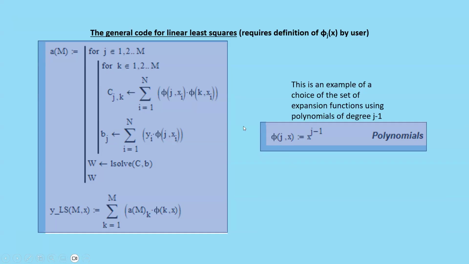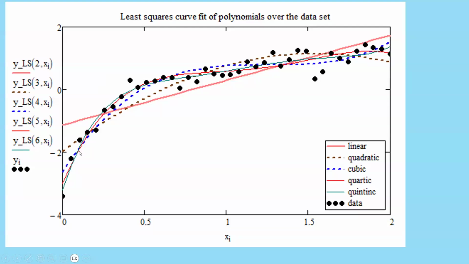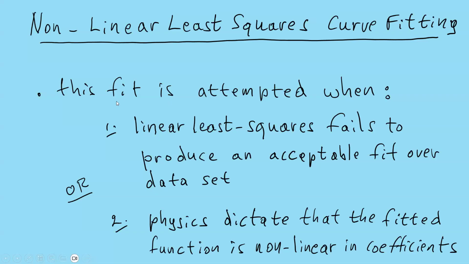For example, in the previous examples and in this example, we are using polynomial functions for fitting over the noisy data. We find these coefficients. After that, we check the correlation coefficient and standard error. See, this is the comparison between the linear, quadratic, up to the quintic polynomial functions that we are fitting over the noisy data. Okay, this is about the solutions.